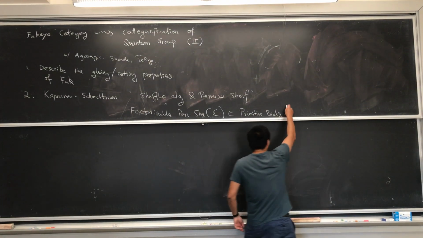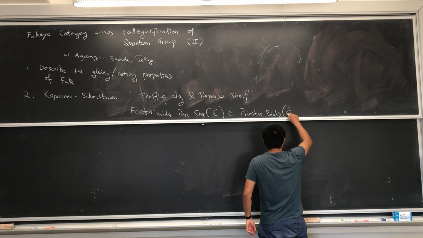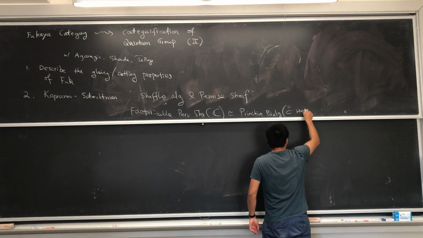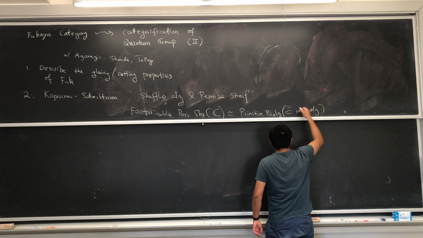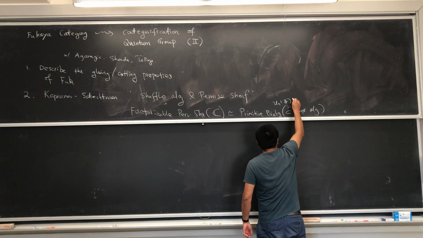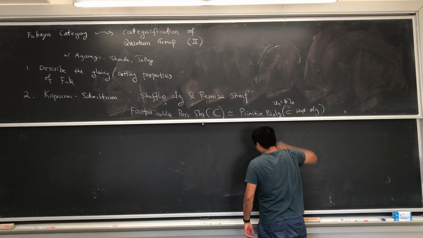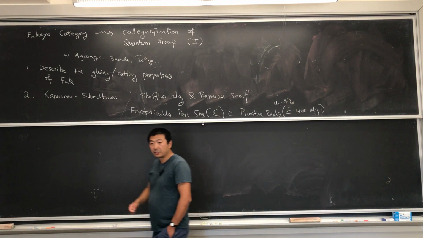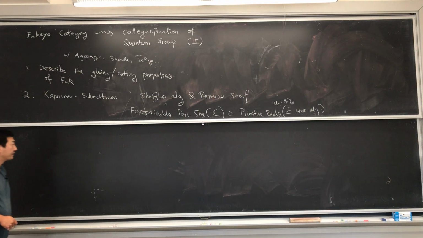And this primitive algebra is a special case of Hopf algebra. And for example, U_q(g) minus is a special case of this primitive bialgebra.